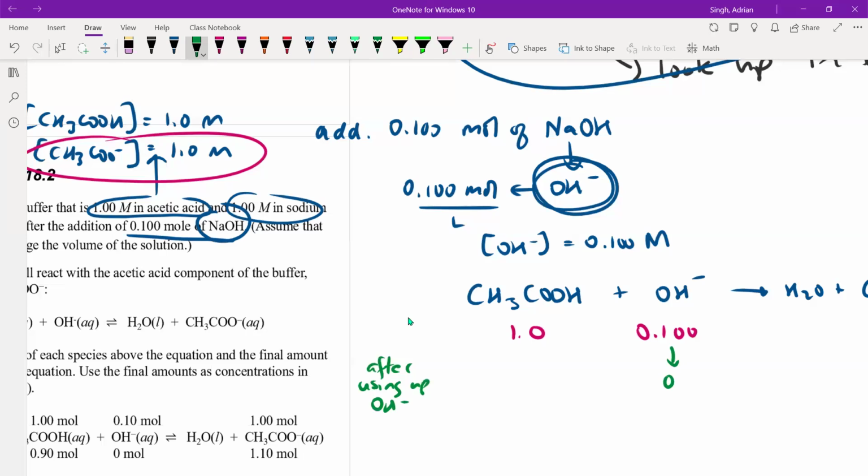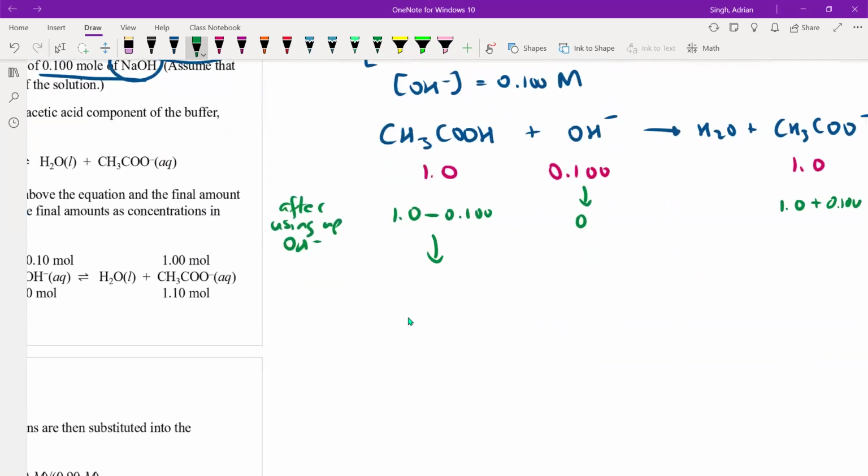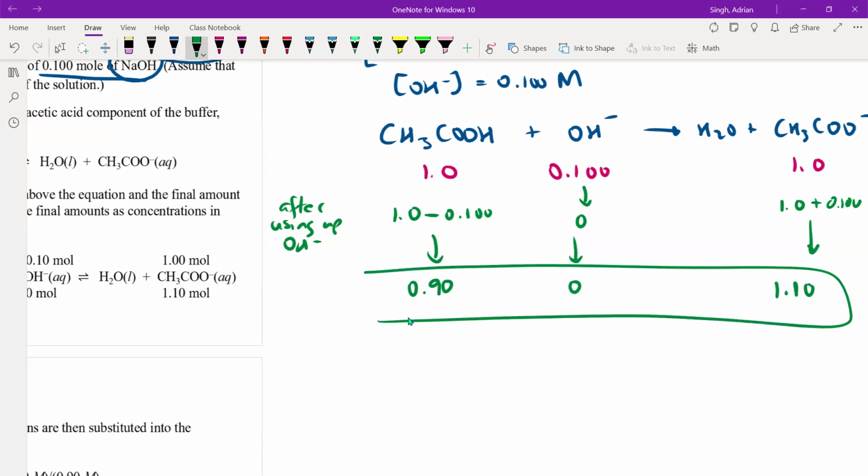Well, then we're going to use up the same stoichiometric amount. So we're going to minus 0.100. And we're going to make the same stoichiometric amount of the product. Okay, so we end up then with 1 minus 0.1. What is that? 0.90. The hydroxide is still 0, and then the acetate ion would be 1.10 moles.